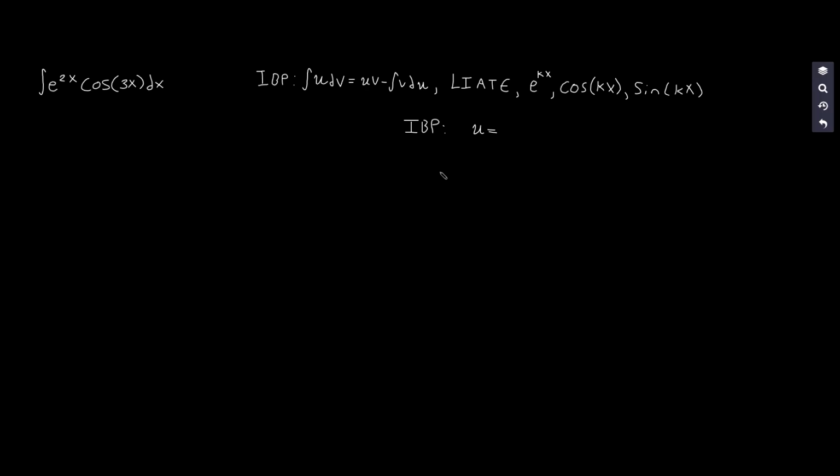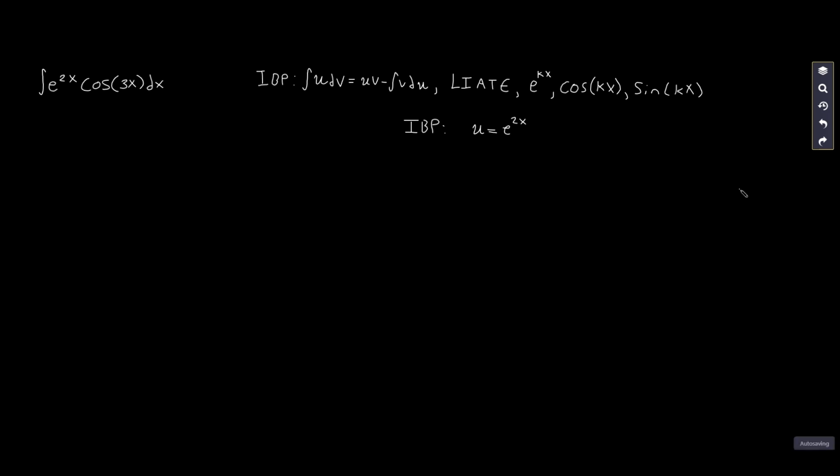And this is the case where it does not matter if you want to assign cosine to be u or the exponential to be u. If you had sine instead of cosine, you could assign sine to be u, but in this case, I'm going to do e raised to the power of 2x. It literally does not matter which one I pick.